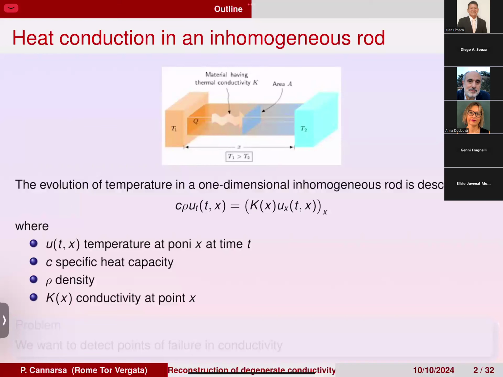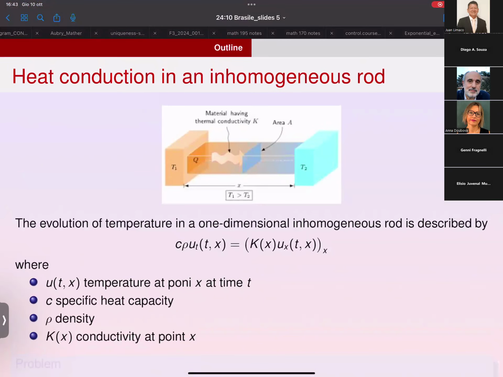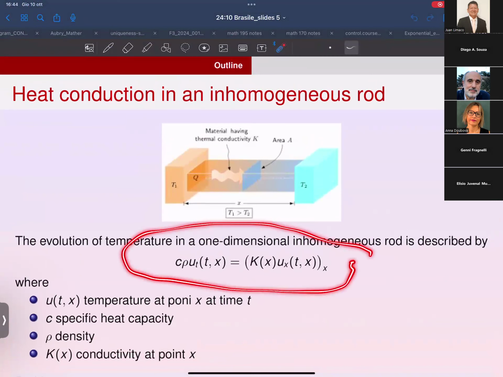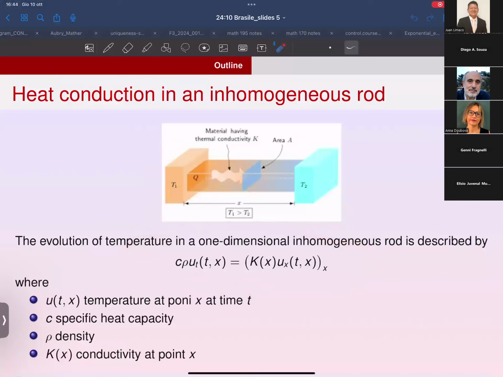So we have a conduction of heat in some body, for example, a rod. And so the equation, as is well known, takes into account the heat capacity, the density of the material, and also the property of the material with respect to conductivity. This is called the conductivity coefficient.